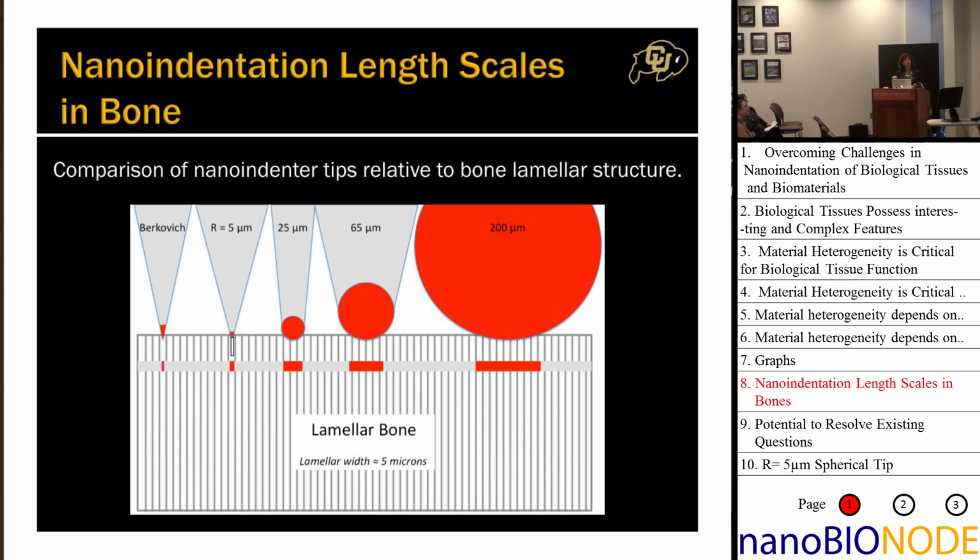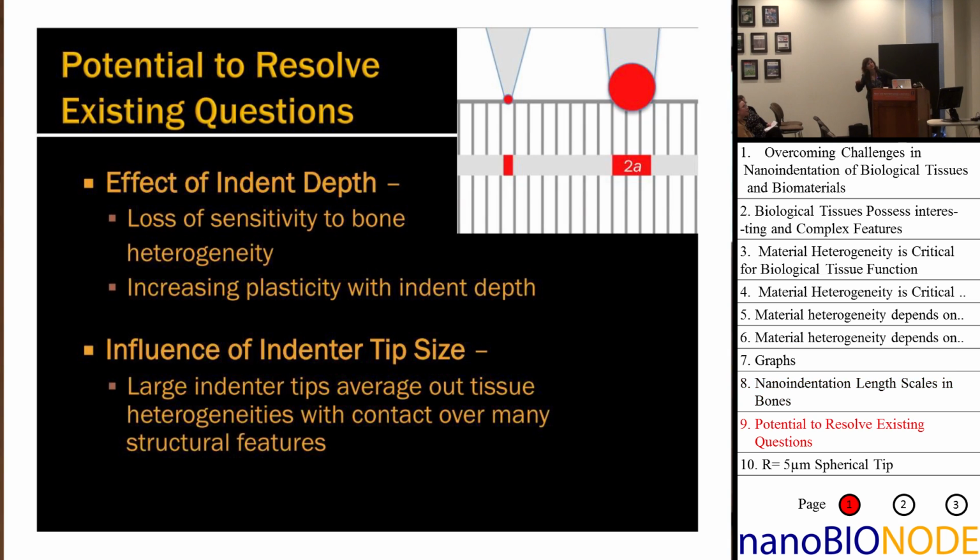Because of course here, as Michelle nicely explained, you get some plastic-ish deformation, you get elastic deformation and some viscous dissipation, and you also get mostly elastic with these tips. But you can also see that as you go into greater depths, with the Berkovich, or maybe a very small radius spherical tip, I might be indenting within one lamella, or I might be indenting over others.